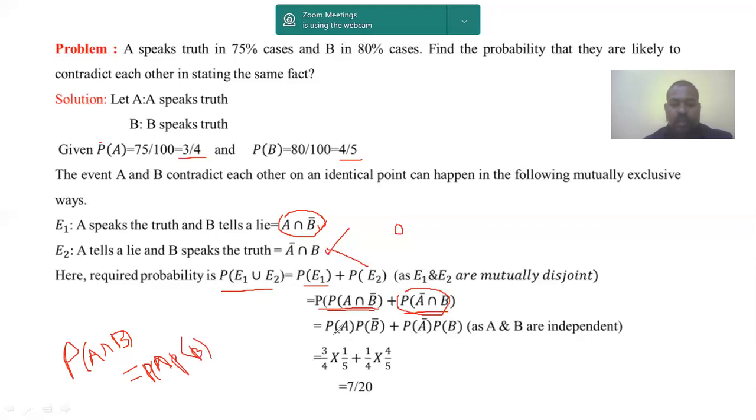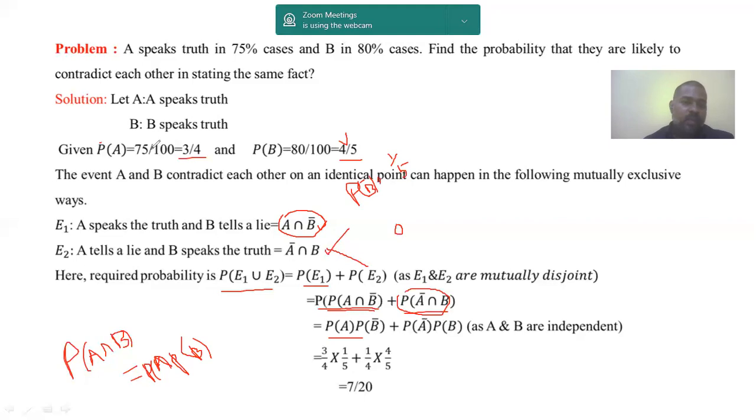In a similar way, the probability of A is provided as 3 by 4, and for B complement, B is saying truth 4 by 5 times, so the remaining 1 by 5 times he is saying lies. So that is the probability of B complement. So the probability of B complement, B bar, is 1 by 5.